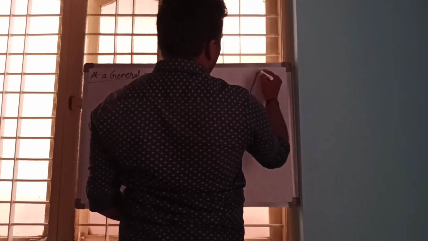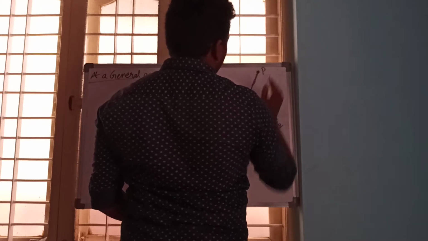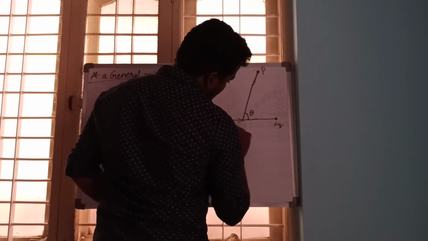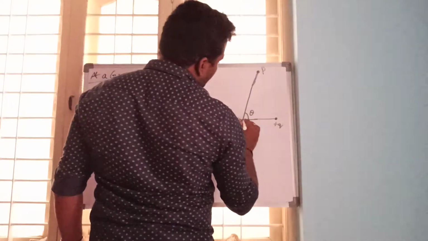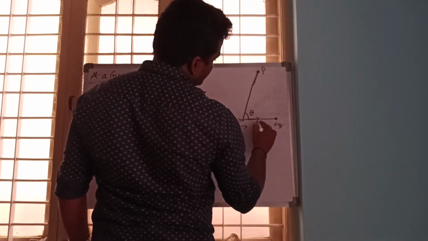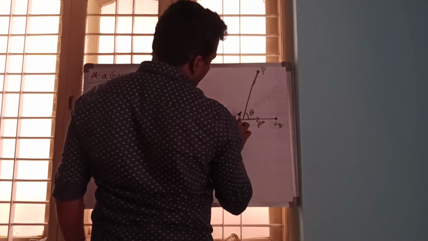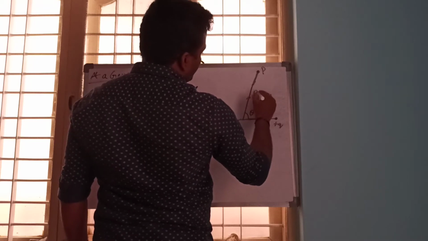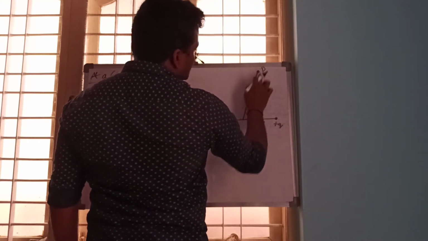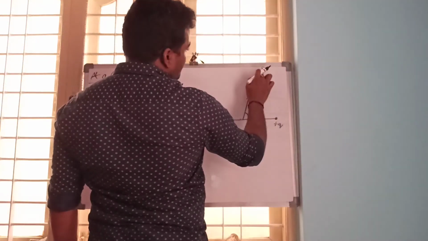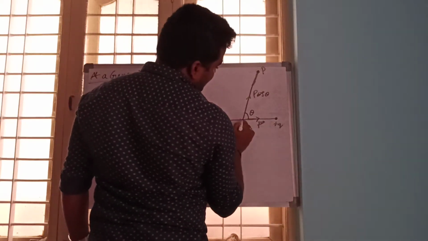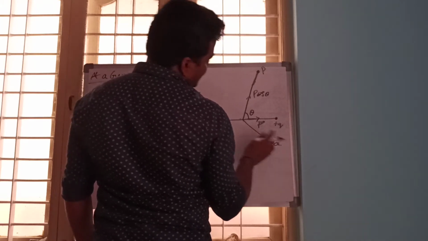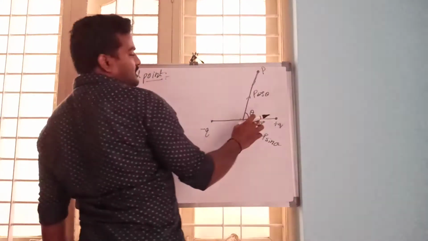Now here, if you see, the dipole moment is in this direction, and if you resolve it into two components, you will get P cos theta along the axial line of the point P, and you will get P sin theta, which will act along the perpendicular bisector of the given dipole.